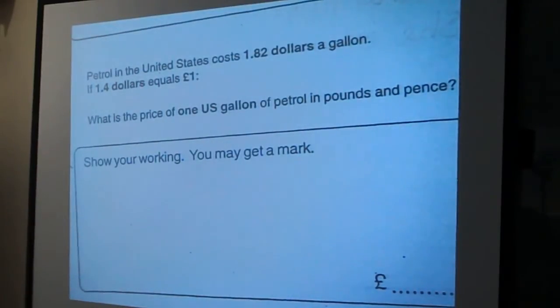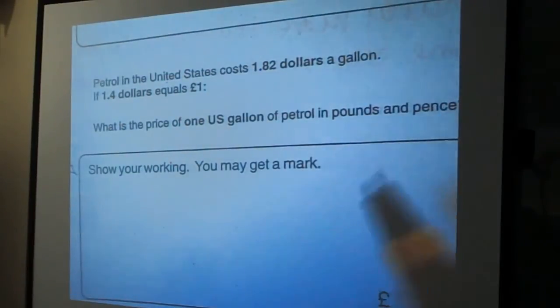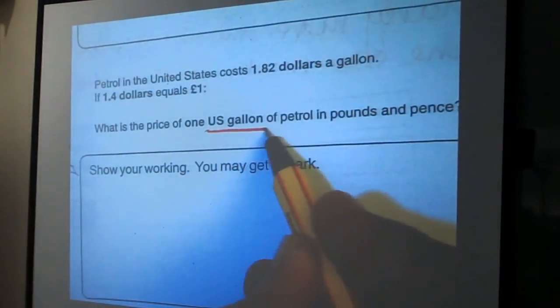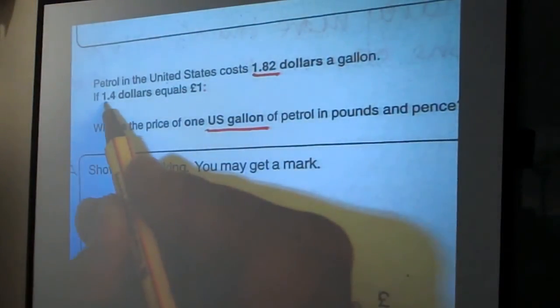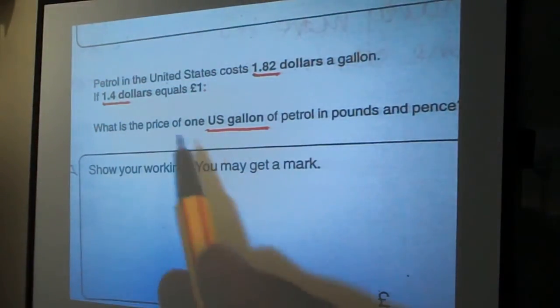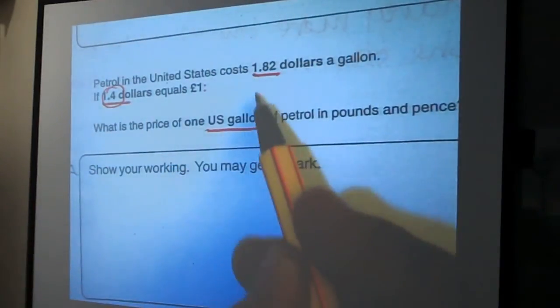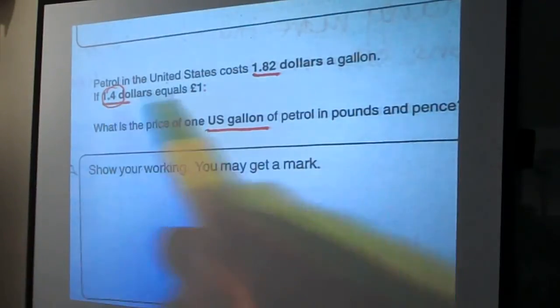Petrol in the United States costs $1.82 a gallon. If $1.4 equals £1, what is the price of 1 US gallon of petrol in pounds and pence? Okay. So it costs how much? $1.82. And how much is $1.4 worth? A pound, isn't it? So we want to see how many of those will fit into there, because every $1.4 is worth £1.